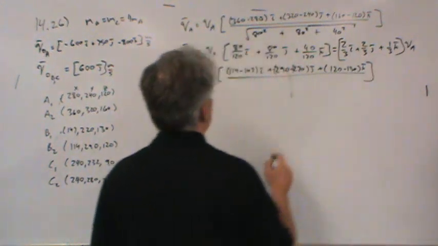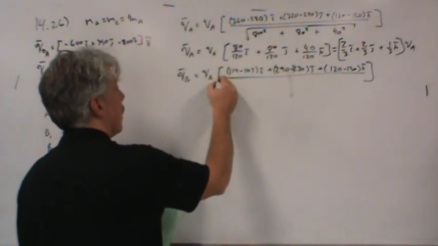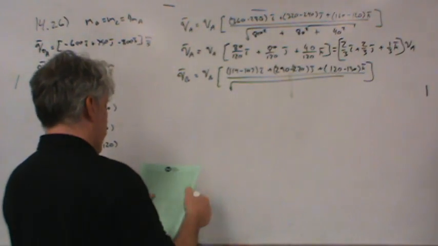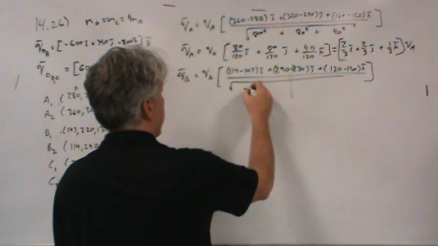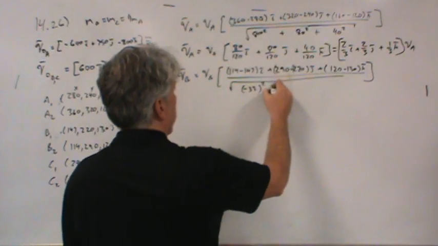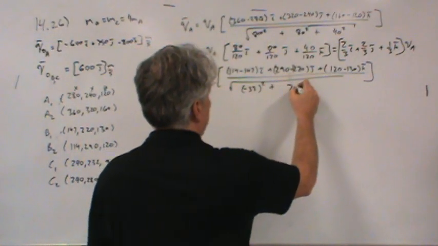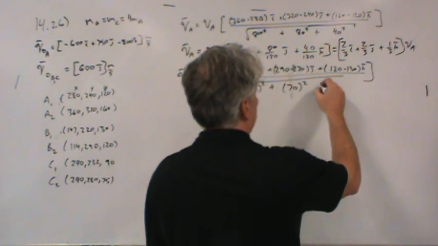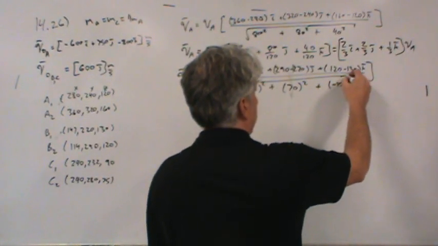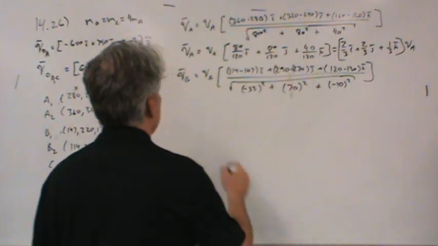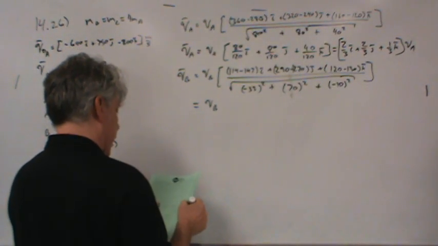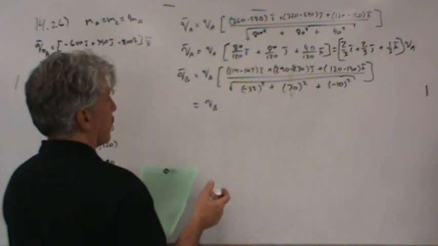You can divide by the magnitude. So root, any difference squared, well, the difference between those 2 is negative 33. Has to be squared. The difference between these 2 is just 70. That has to be squared. And the difference between these 2 is negative 10. And that needs to be squared. So that gives us VB. Once we simplify it all down as far as we can, it turned out it was irrational.